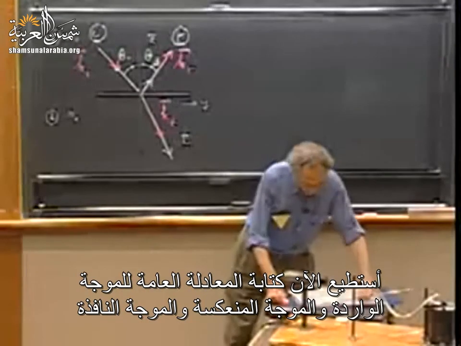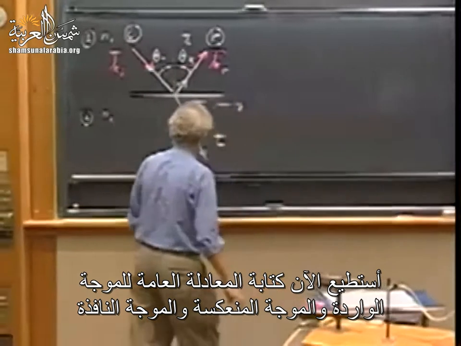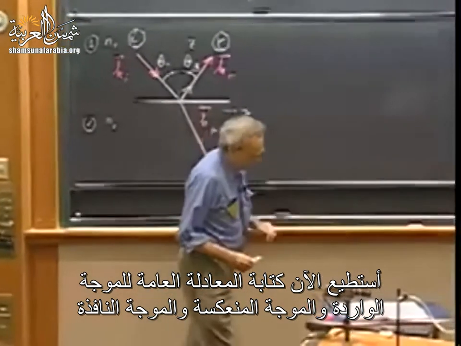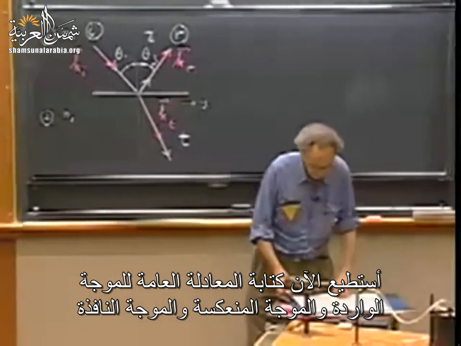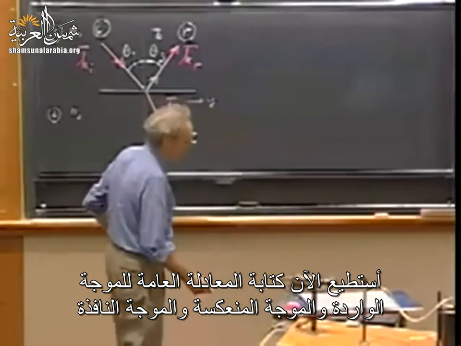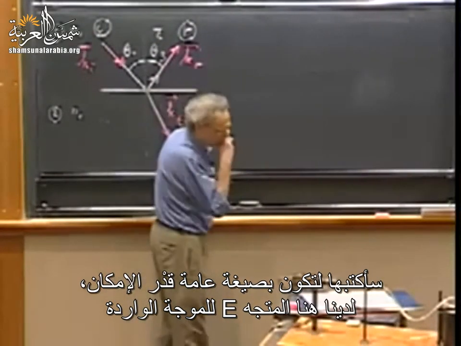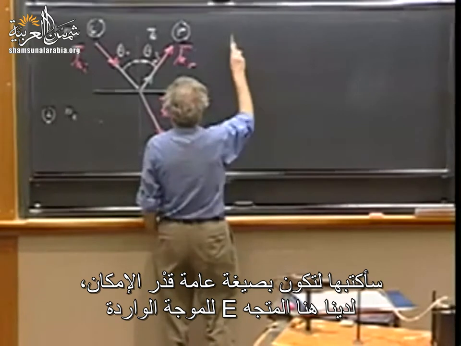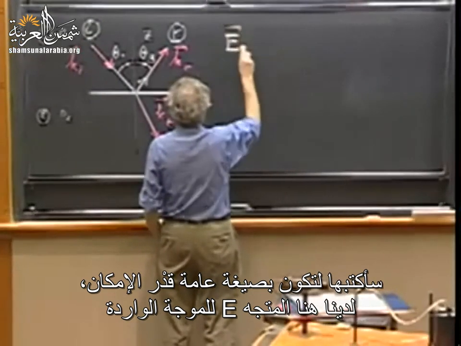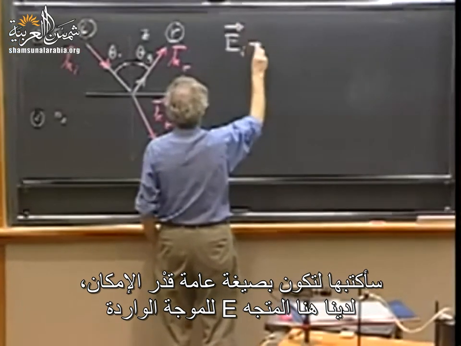So I can write down now the general equation for a wave, incident, reflected, and transmitted wave. I do it as general as I possibly can. So here is the E vector of the incident wave.